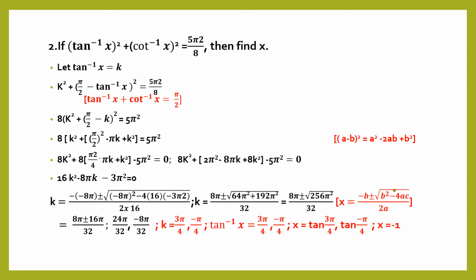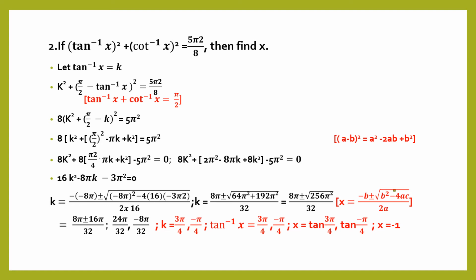So k square plus (pi by 2 minus tan inverse x) the whole square equals 5 pi square by 8. Now if you take 8 from the right hand side to the left hand side, you can multiply with 8. So 8 into (k square plus (pi by 2 minus k) the whole square) equals 5 pi square.